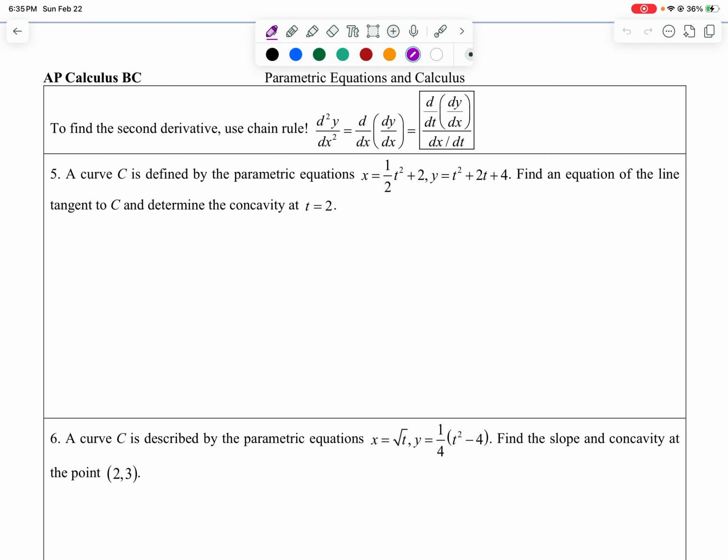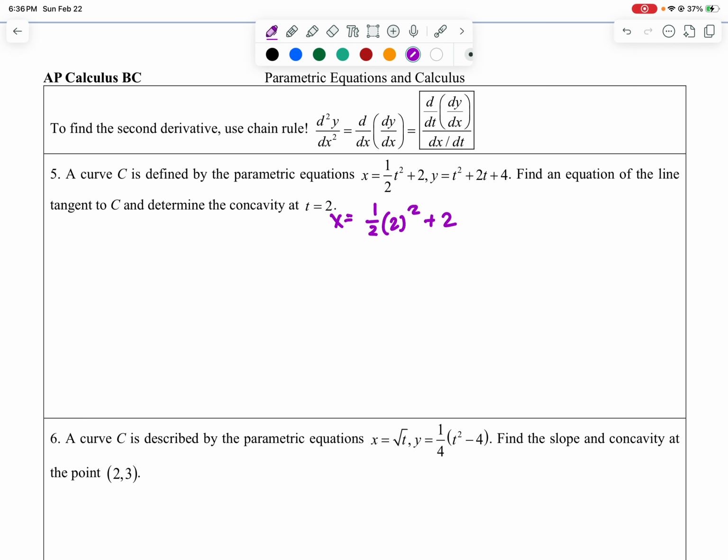And the first thing that we want to do is find the equation of the line tangent to C and determine the concavity at t is equal to 2. So once again, remember that whenever I want to find the equation of a line, it's in terms of Cartesian coordinates. So I'm going to go ahead and figure out what my x and y coordinates are whenever I plug in t is equal to 2.